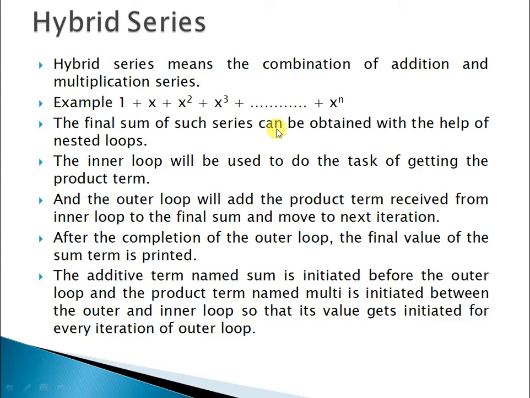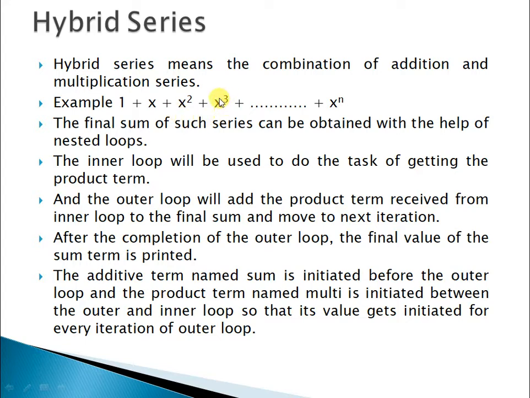So how? First it will calculate 1 plus x. First it will calculate x. X can be written as x to the power 1. Then this value of x will be added to 1. Then it will calculate x to the power 2. The inner loop will calculate x to the power 2, and the outer loop will add this x to the power 2 to the previous sum.